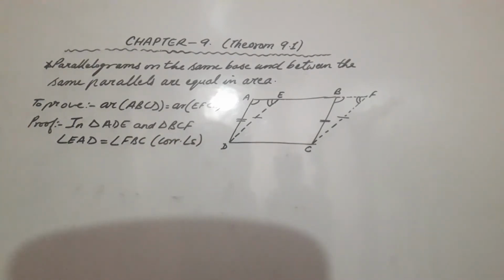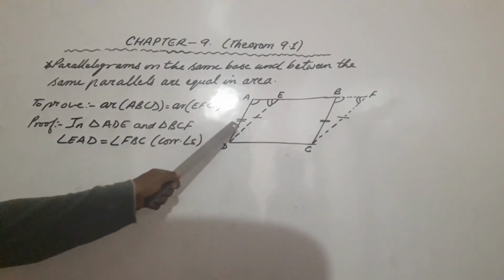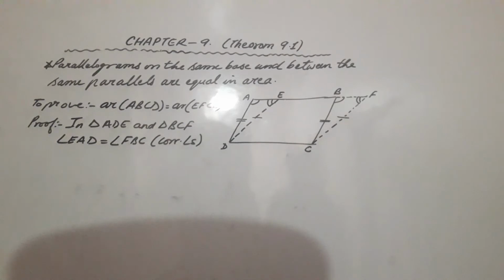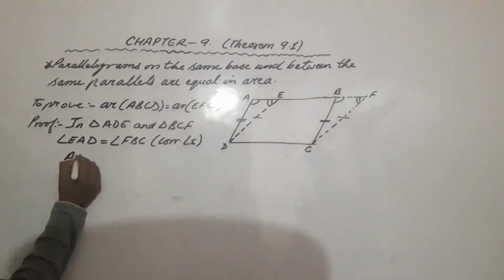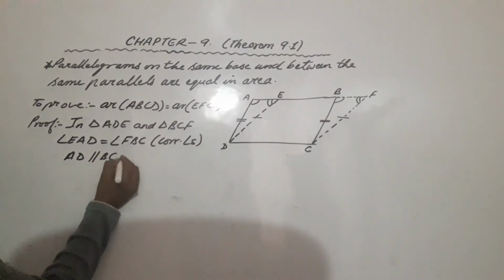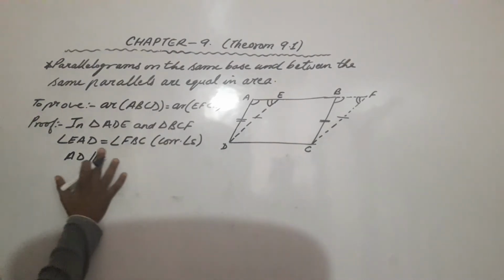Now the second thing we see: which two sides are parallel here? AD is parallel to BC. We will leave that aside.